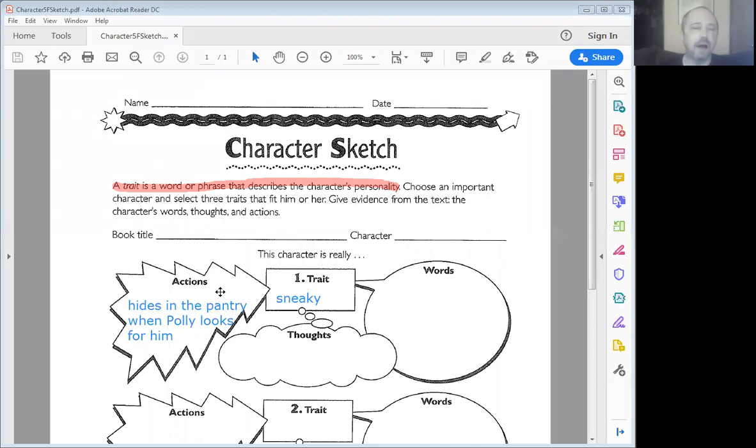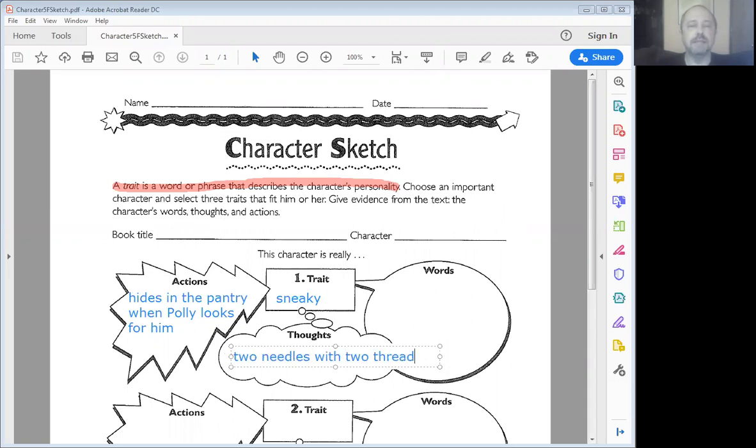And then when we get to his thoughts of Tom being sneaky, for example, when Tom played hooky, he put some thought into this because he has the 2 needles with 2 threads. All right, very, very clever. I don't know if I'd have thought of that when I was his age. 2 needles with 2 threads.